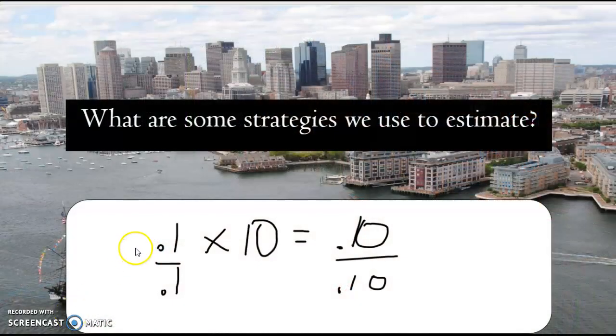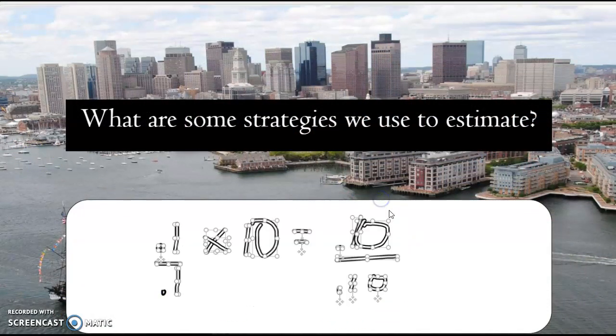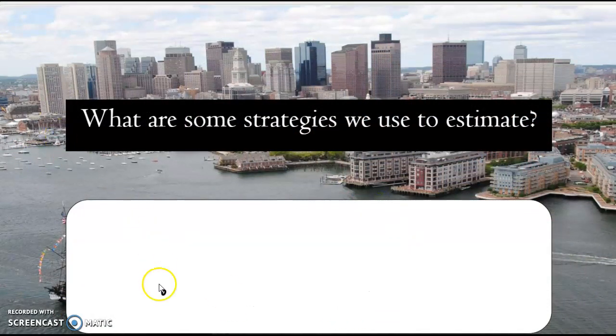And I'll show you with my 1/10. Let me erase this really quick. So if I have 1/10 and I multiply it by 10, my rule says we're going to move up a place value. Right now, my 1 is in the tenths. I have 0 ones.